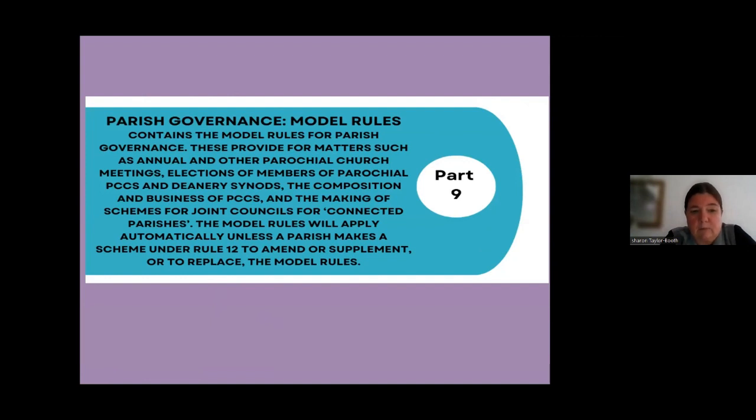The model rules will apply automatically unless a parish makes schemes under Rule 12 to amend or supplement or replace the model rules. So this basically is your terms of reference. This is what you as a PCC, when I say you, I don't mean you personally, I mean you being the PCC, have to run your business by. So that's the church representation rules.